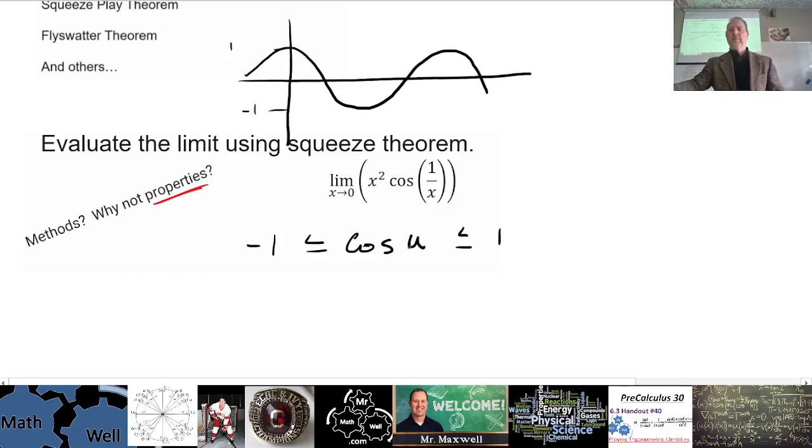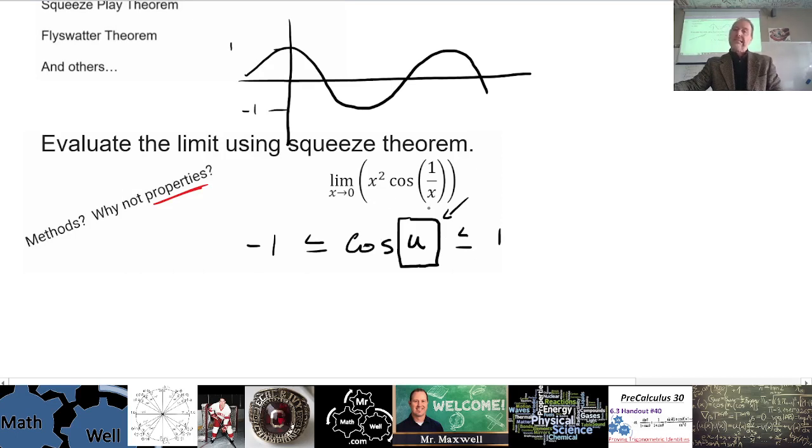Now I put u in here because if you have the cos of any function in here, if it's just straight cos, then this itself acts as the x. So it could be anything, but as long as there's nothing multiplied or divided or squared outside of this, then this always is between -1 and 1.